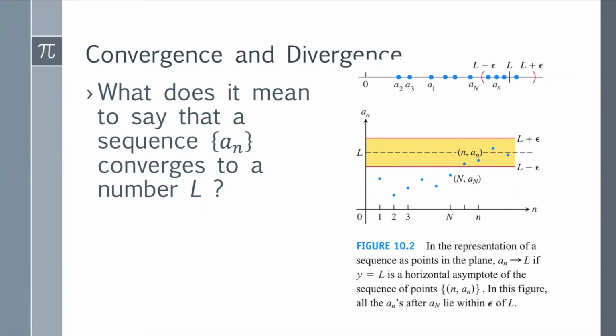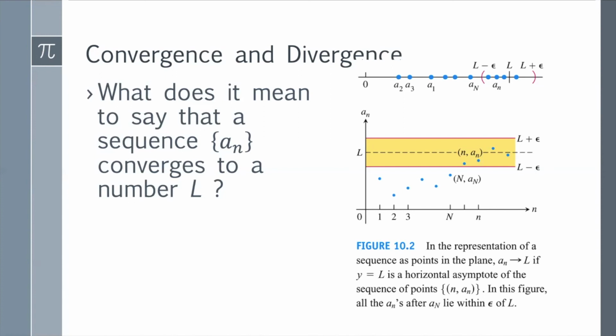All right, so look at the picture here. In the representation of a sequence as points in the plane, the sequence a sub n approaches L if y equals L is a horizontal asymptote of the sequence of points. I'll always remember one of my professors in college described it like this.